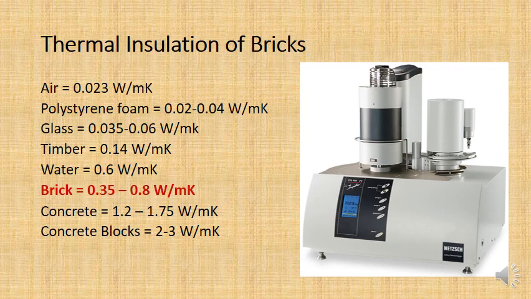So we're left with materials, if we're building walls with any sort of structural analysis, something with some strength to it. Look at bricks compared with concrete blocks at the bottom. A concrete block is a very poor insulator, 2 to 3 watts per meter Kelvin. So basically, this is quite amazing.